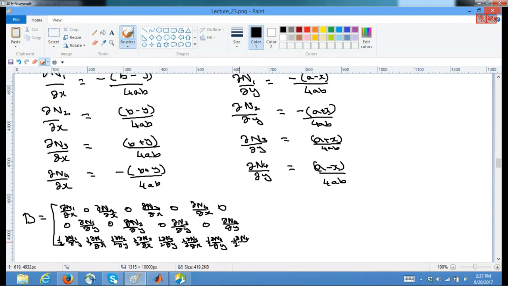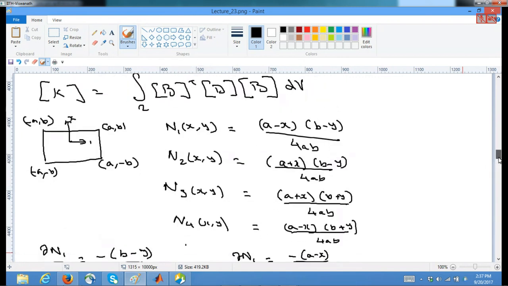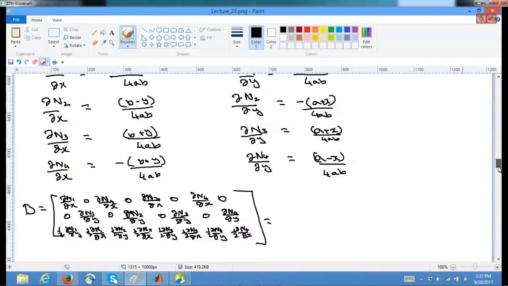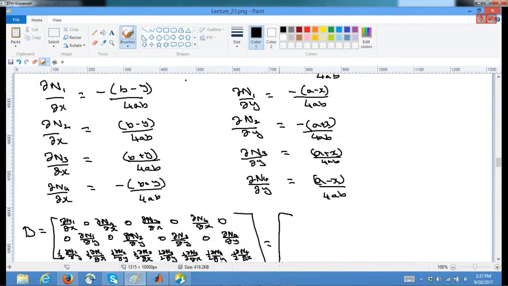Looking at the above given element, for the K matrix, since we have these differentiations, I can quickly write this.